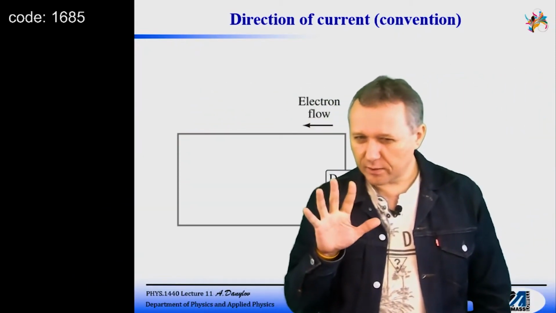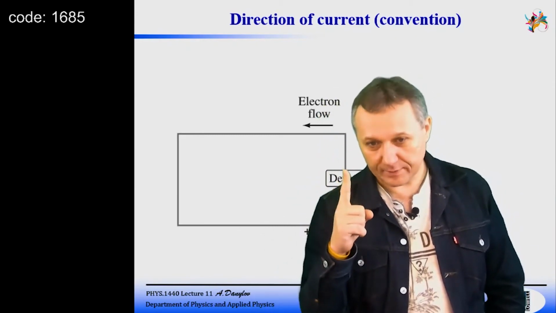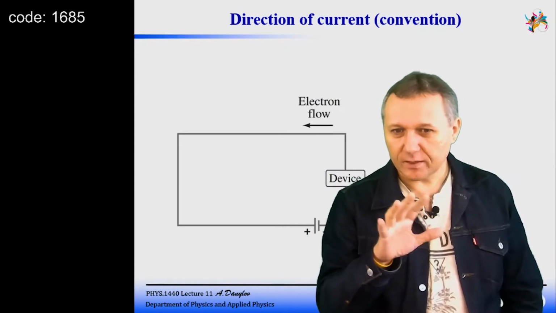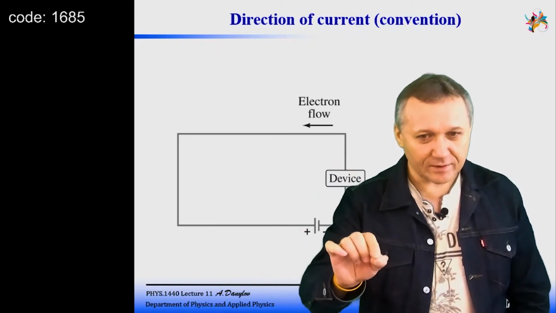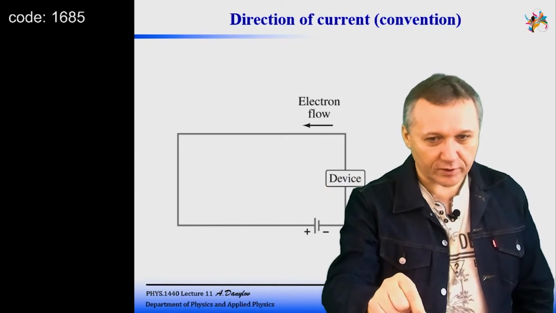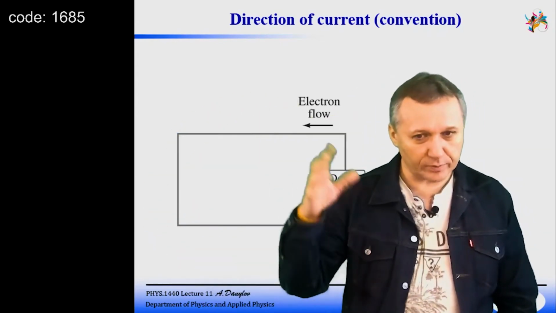You remember, in the third lecture we introduced electric field lines. And what was the direction of electric field lines? Since we use the positive probe charge, electric field lines all the time start on positive charges and end on negative charges. Every time from plus to minus.